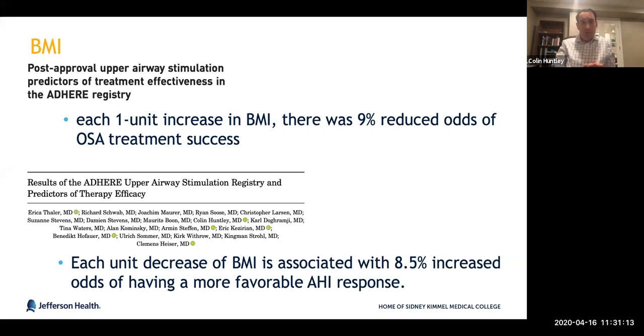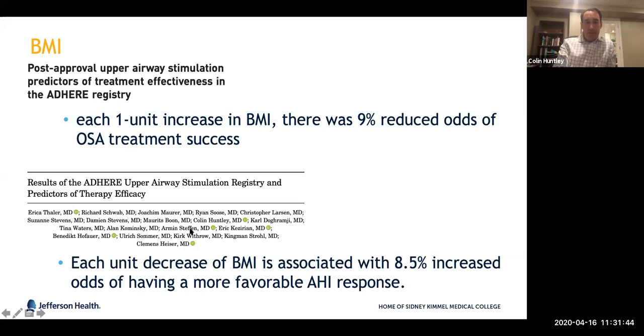These are out of two of the ADHERE registry publications. The top one was from the ADHERE 500 publication, and the bottom one is the ADHERE 1000. That just means 500 patients and 1,000 patients. And what they saw when they looked at predictors of success and lack of success, one of the things was BMI. So that ADHERE 500 paper showed for every 1 unit increase in BMI, a 9% reduction in treatment success with upper airway stimulation.